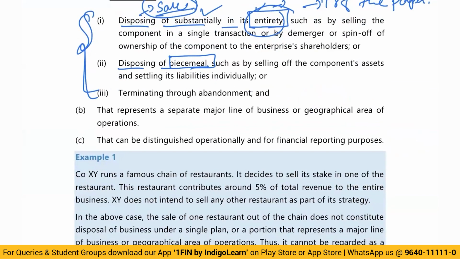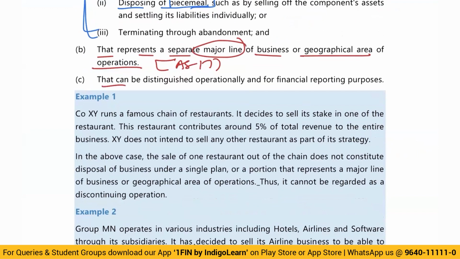Second is that it represents a separate major line of business or geographical area of operations. Now this we have seen in AS 17 also. It is a separate major line of either business or geographical area of operation. A geographical area could be, for example, Citibank exiting Indian operations. Third, it can be distinguished operationally and for financial reporting purposes.